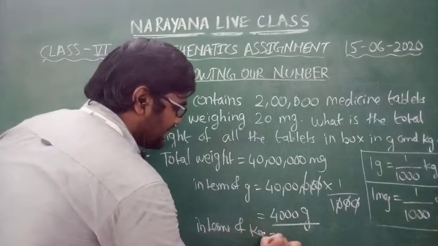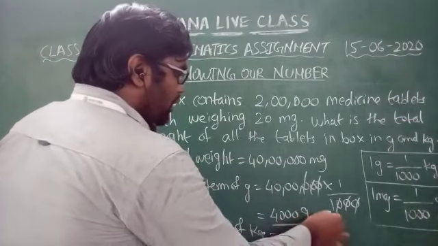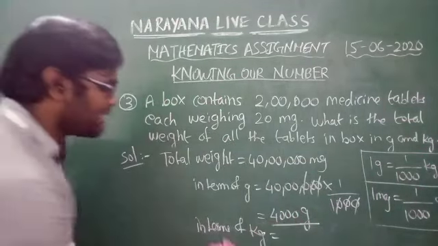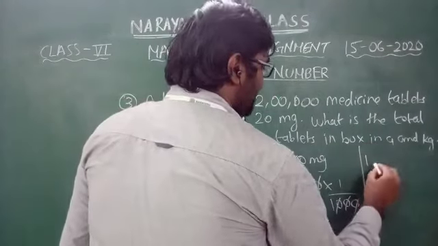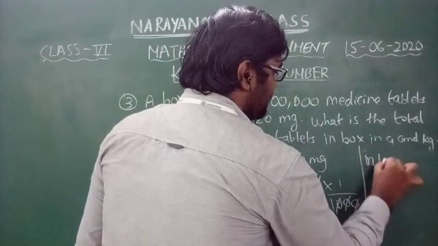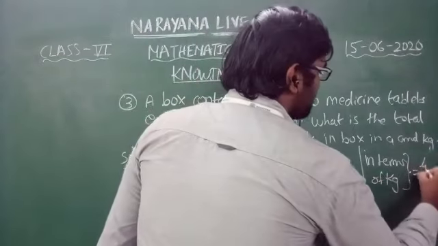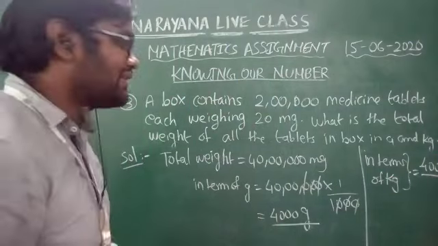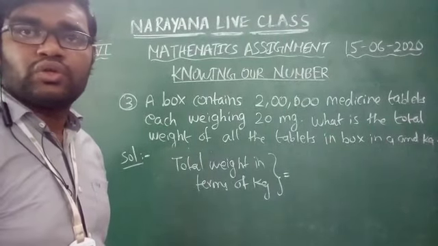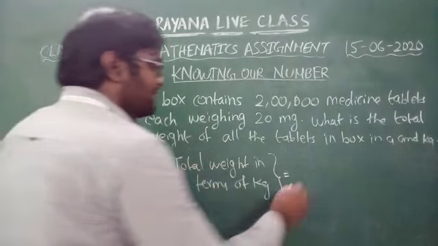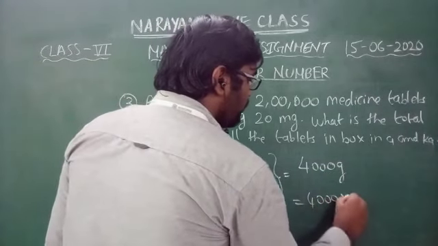In terms of kilogram, how can we do it? So 1 gram is equal to 1 by 1000 kilogram, right? So in terms of kilogram we can write 4000 by, how many grams was there? The total weight of the tablets in terms of gram, we have 4000 grams. In terms of kilogram, 1 gram is equal to 1 by 1000 kilograms.